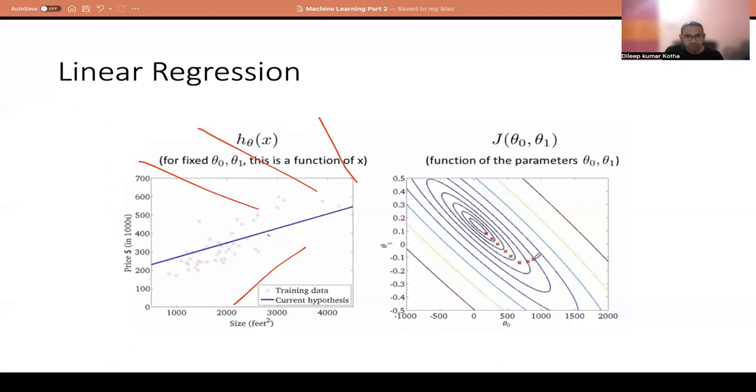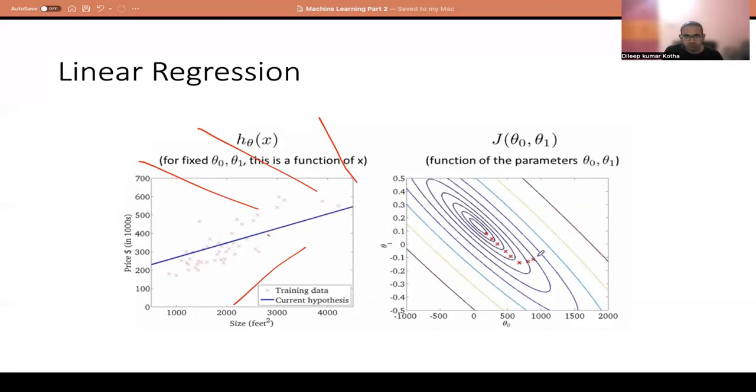So we start with just the theta 0, theta 1 parameters, and by modifying them, our goal is to slowly move to the center of this such that the cost function will be minimized. At the same time, you will be getting a line similar to this blue line once you reach the center. So in short, once you minimize the cost function, you will automatically get a very good hypothesis.